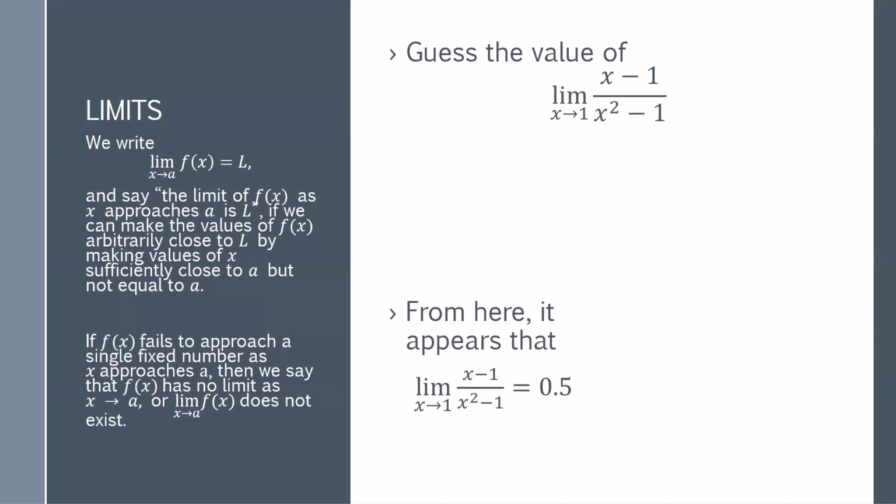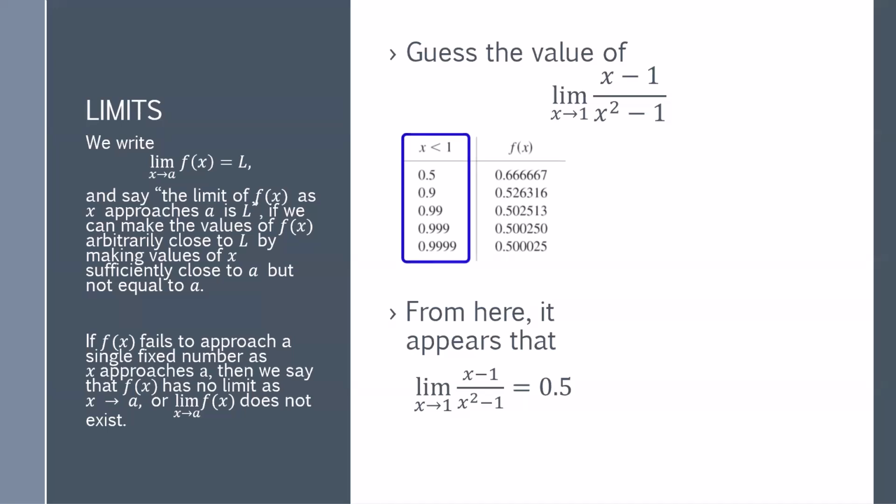Here we're going to guess the limit as x approaches 1 of x minus 1 over x squared minus 1. If we look at numbers that are less than 1, say x equals a half, x equals 0.9, x equals 0.99, we're trying to get numbers closer and closer to 1.